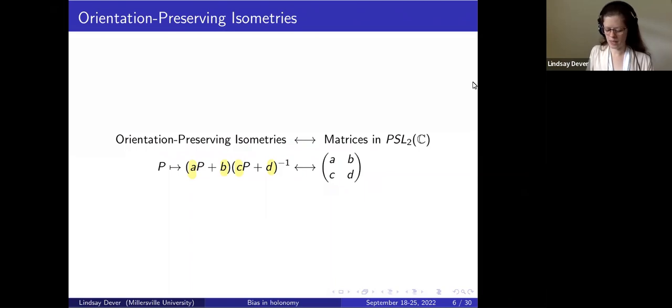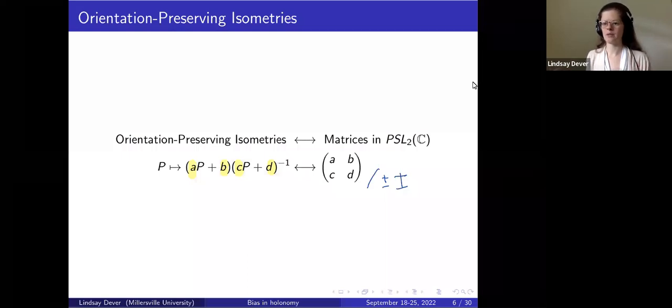And if we then mod out by plus or minus the identity matrix, this will actually be a 1-to-1 correspondence, which is why we're working with PSL2C instead of SL2C. That just means that we've identified plus or minus the identity.